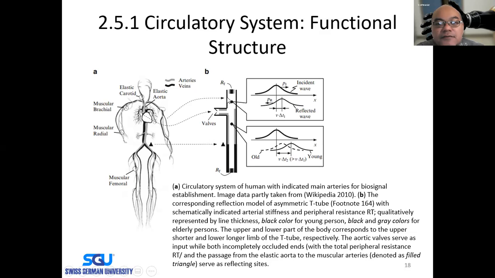Asymmetric because one has a shorter branch and the other a longer branch, which schematically indicates arterial stiffness and peripheral resistance RT. This indicates peripheral resistance RT, qualitatively represented by the line thickness: black color for a young person, and black and gray color for an elderly person.